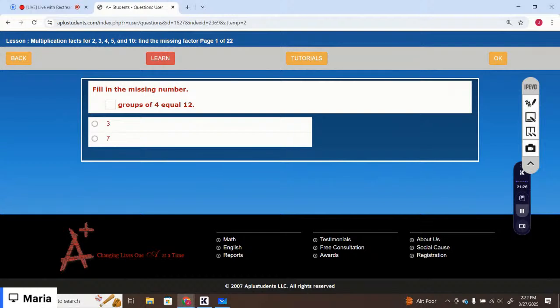Fill in the missing number. How many groups of 4 equals 12? Like 4 times what number is 12? Which number is it?